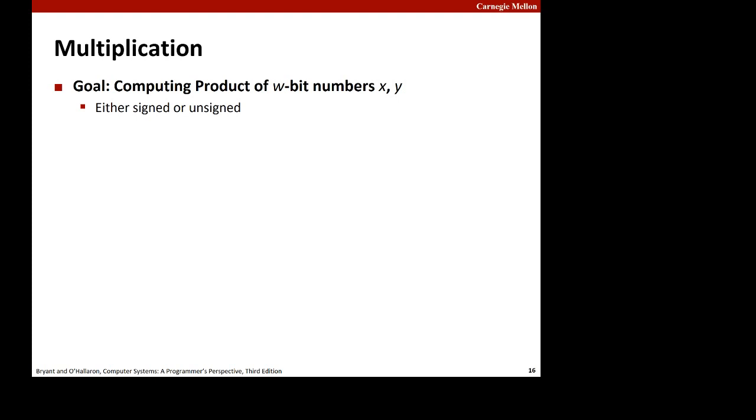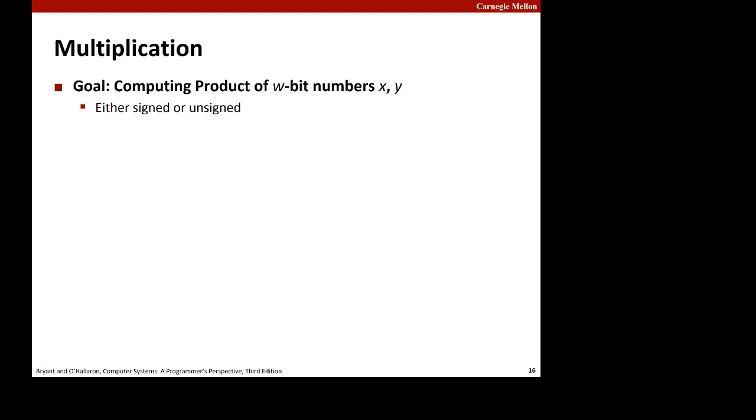So if you're really strict and careful about how you do C programming, you should guard against any case like that. Again, in practice, with the 2's complement representation, there's a very predictable behavior of overflow, either positive or negative. It might not be what you want, but you can at least predict what it is.